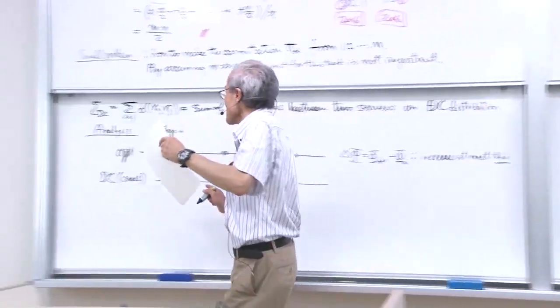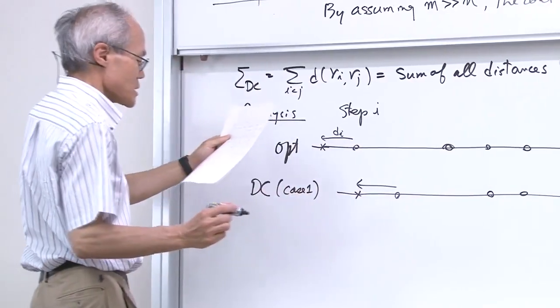Then the algorithm moves across the server. This is s_i.